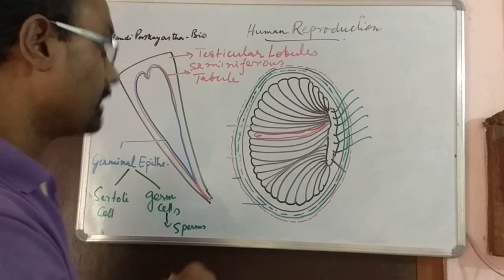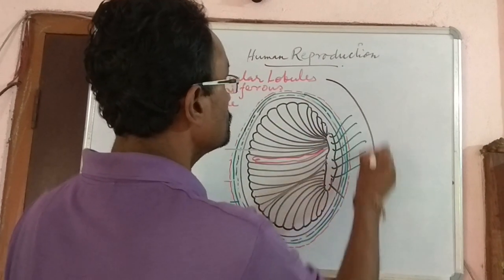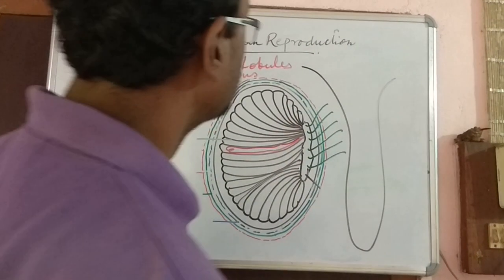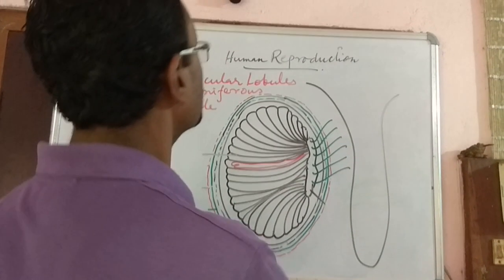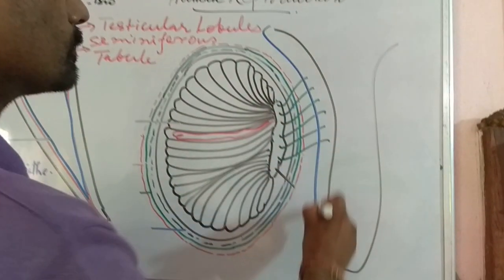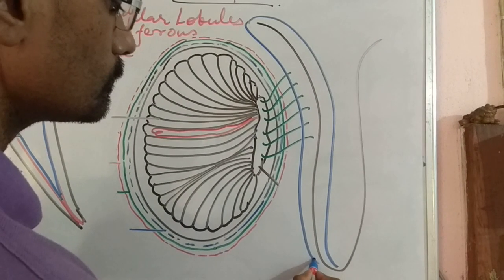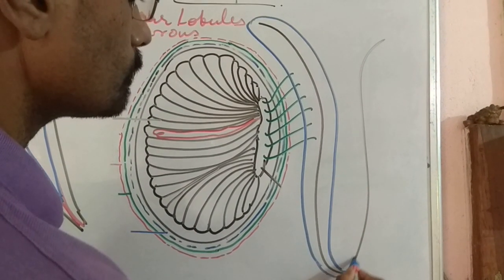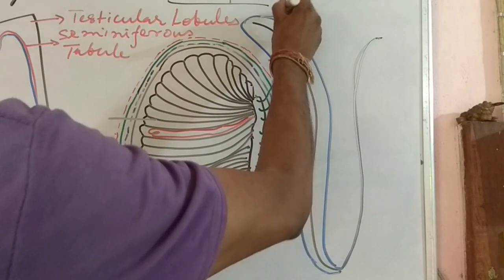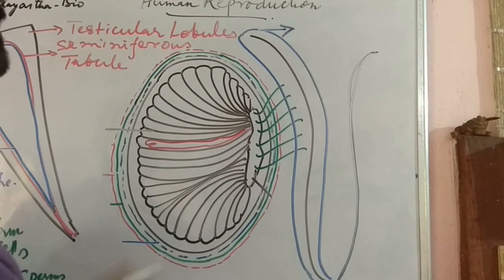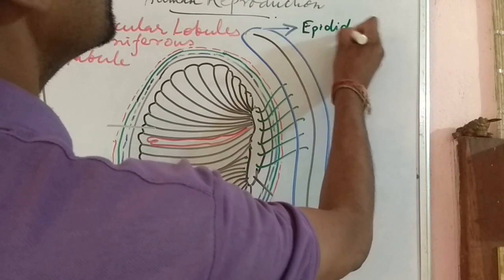It enters the epididymis. So I am drawing it like this here. This one is called epididymis. See the spelling? It's called what? Epididymis.